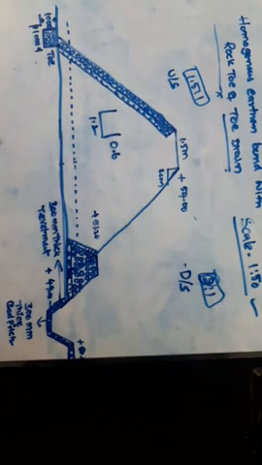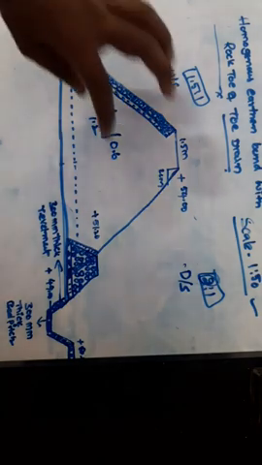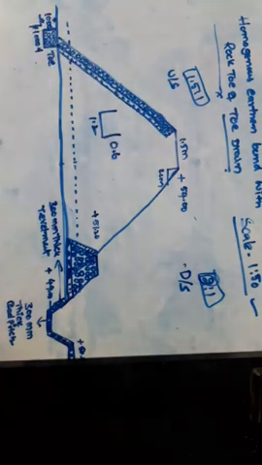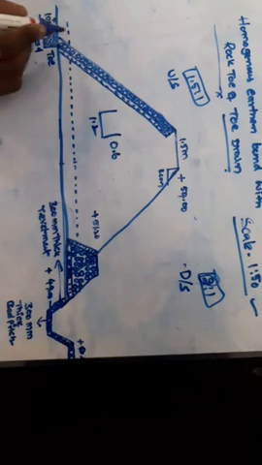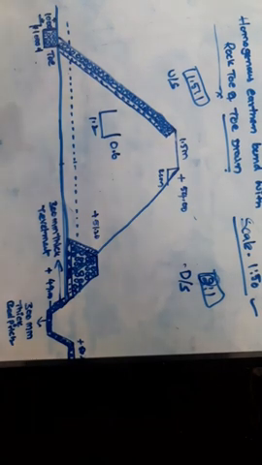Now we have to draw these key trenches from the center point of the rock toe. This is the center point of the rock toe, from this point 4000 mm center to center. Next another 4000 mm.